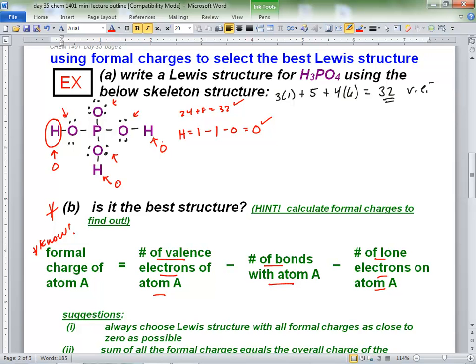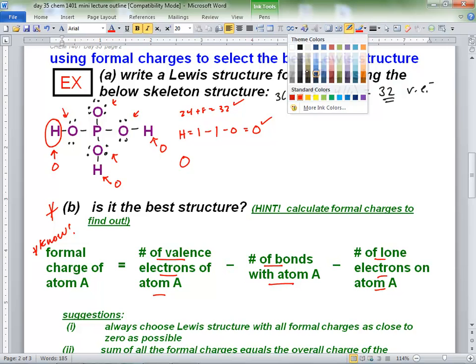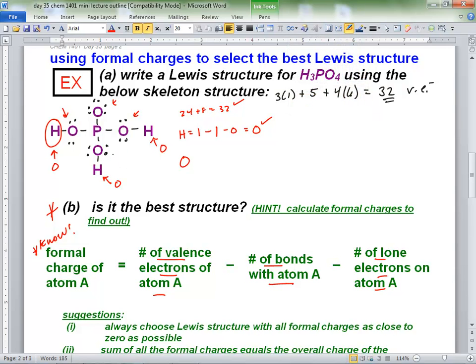Okay. How about these oxygens? Let's check out this oxygen right here. Okay, that oxygen is going to be number of valence is 6 minus the number of bonds. Victoria, how many bonds on that oxygen? On this one right here. 2 bonds.